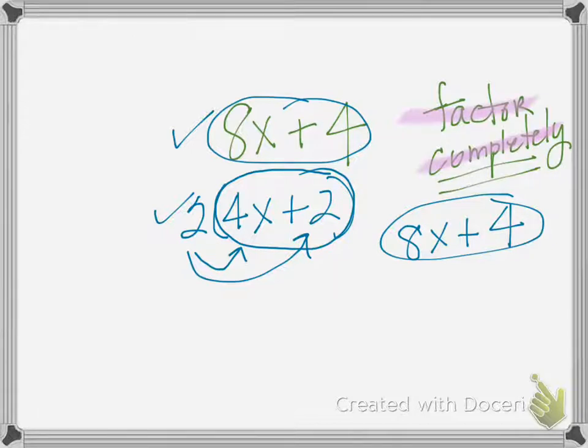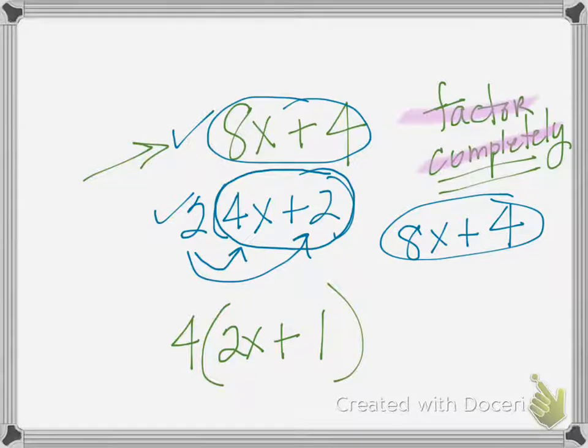So what we would need to do then, and I think some of you probably knew this right from the get-go, we would find our greatest common factor, which in this case is 4. And then we'd have 2x, because 4 times 2x is 8x, plus 1.